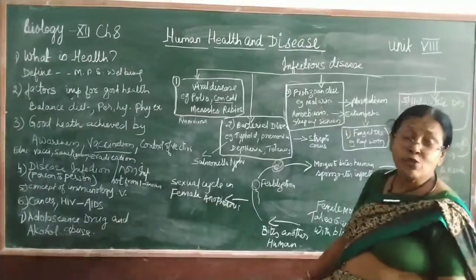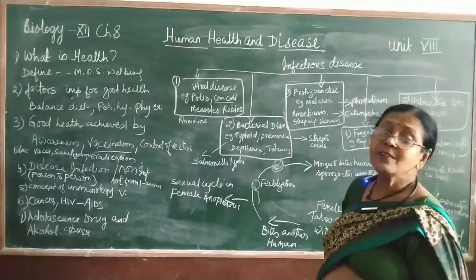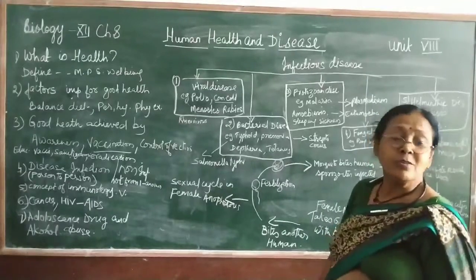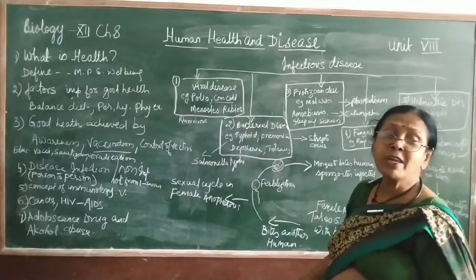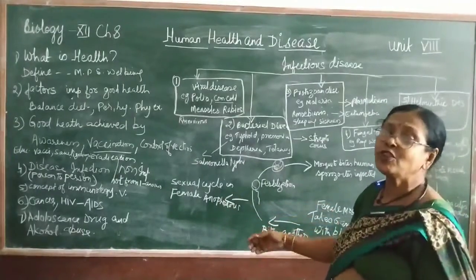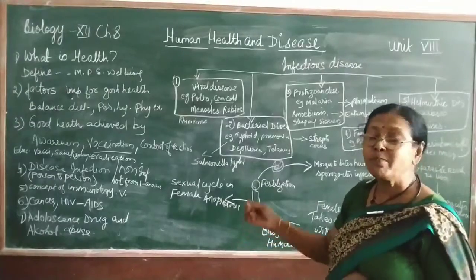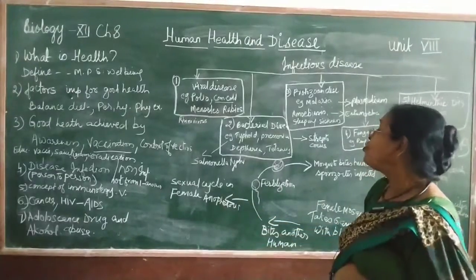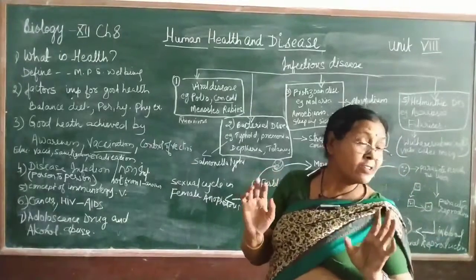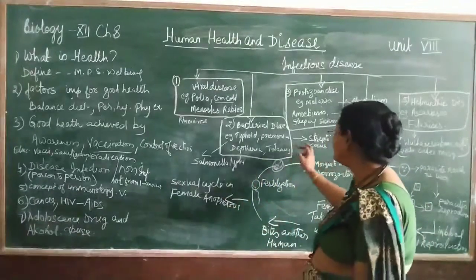You must be knowing about it. Malaria is caused by the bite of mosquitoes. But do you know who is the main culprit? It is the female Anopheles mosquito that causes malaria. So the mosquitoes are responsible for this disease.